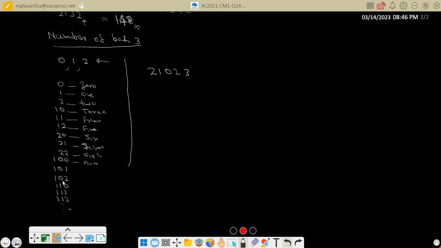Numbers are going like that. Only usable 1, 0, 1 and 2 only, right? Only these three digits you can use. So 0, 1, 2 only. When you write base 3 numbers, always 0, 1, 2, right?